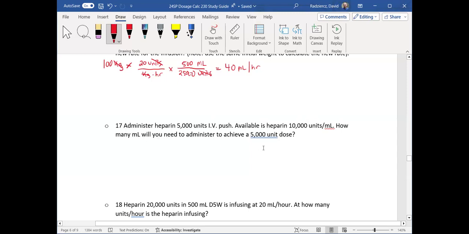This is very much similar to, and I'm going to change this up, let's make this a 2,500 unit IV push. Okay. So how many milliliters would you need to administer? And I'm just going to leave it at that. It's a different type of question, but this is basically like a variation of a bolus dose question.